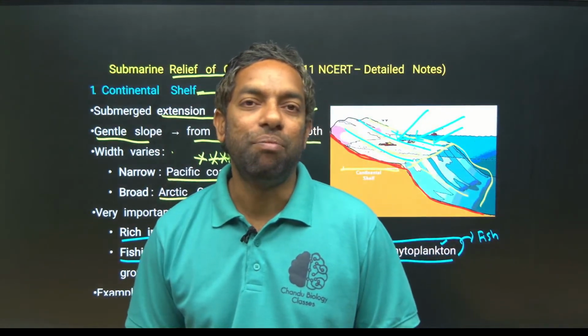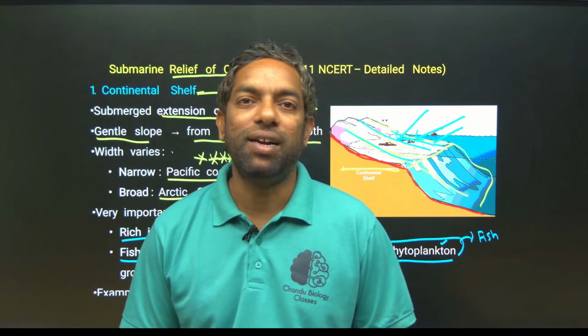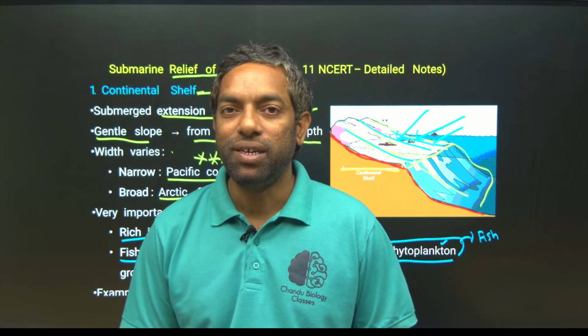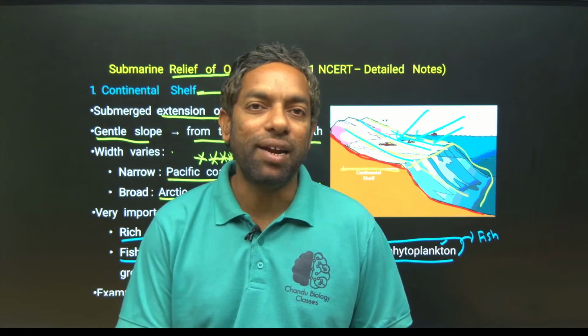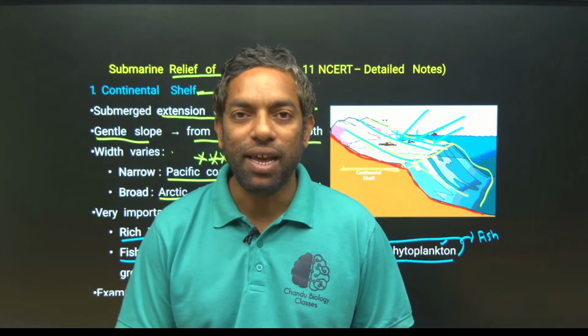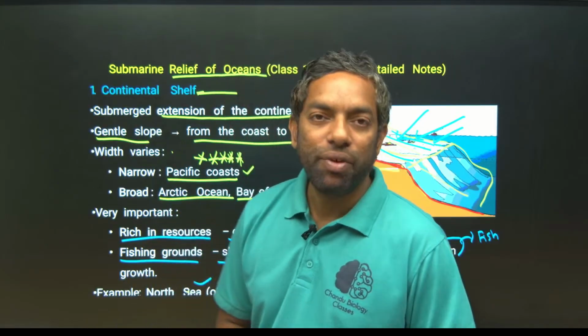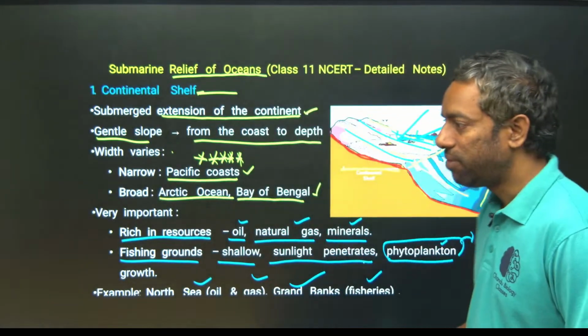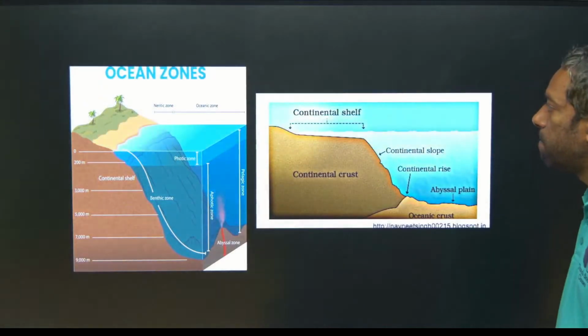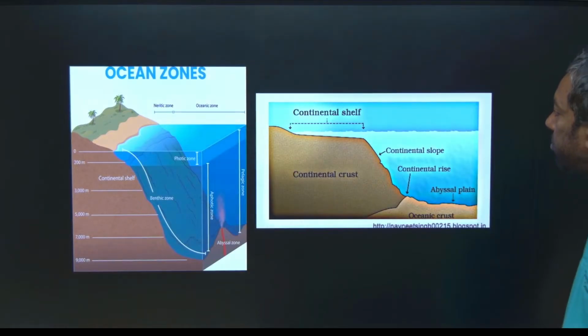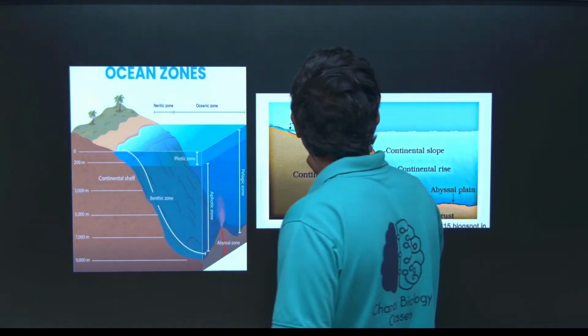The continental shelf is where the mainland directly meets the ocean, where rivers enter into the ocean. Just look here, guys. This is the mainland.